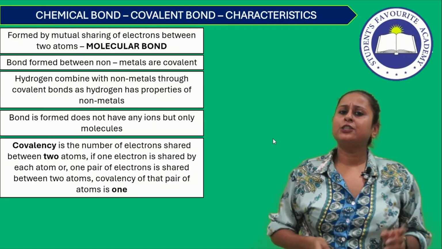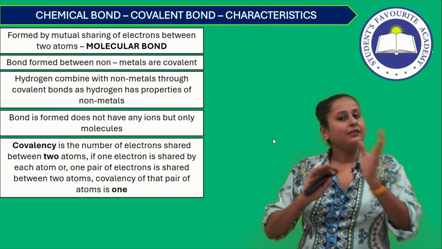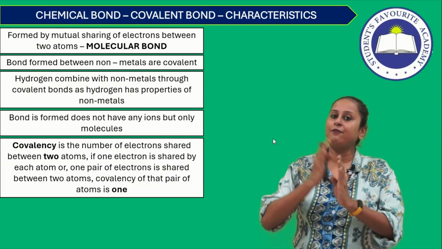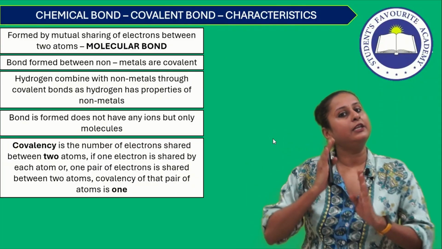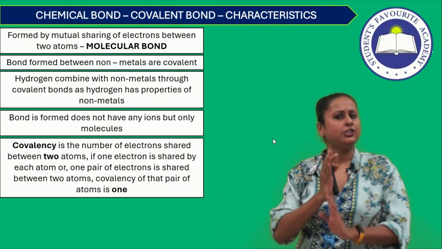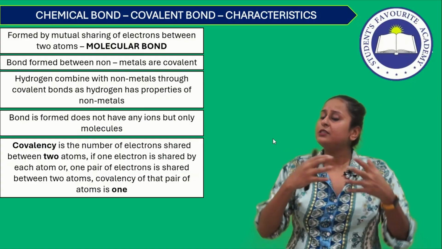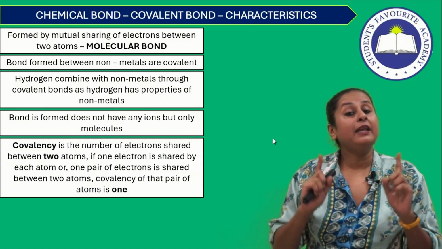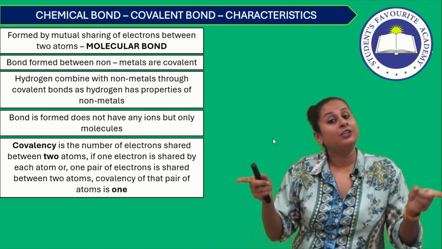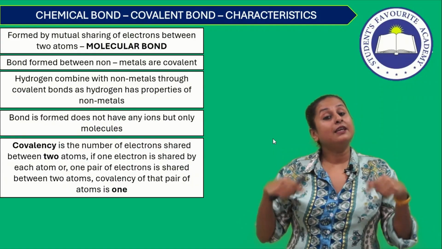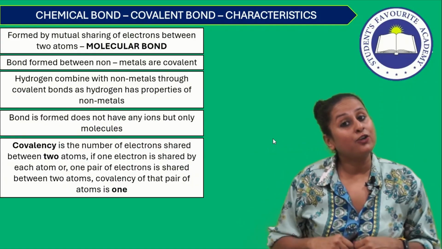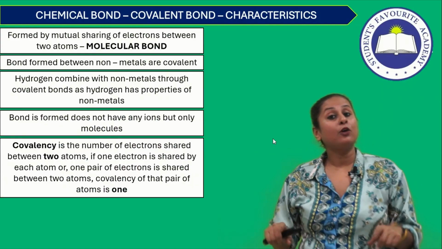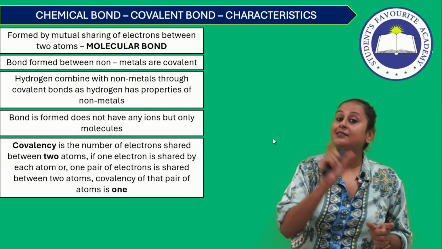For the formation of HCl, hydrogen gave 1 electron, chlorine gave 1 electron, and both of them were mutually shared. They came to this mutual agreement. So how many electrons are shared by each? 1. What is the number of pairs of electrons shared? 1.